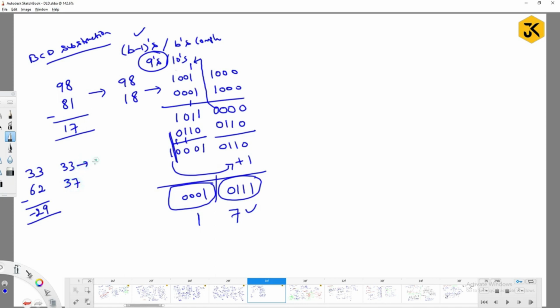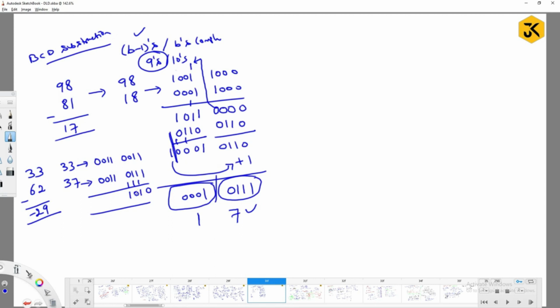33 as 0011, this should be 0011, and take out this one, 0011, 7 is 0111. Try to perform BCD addition, you will get 1010.